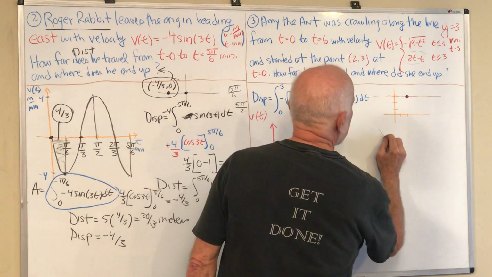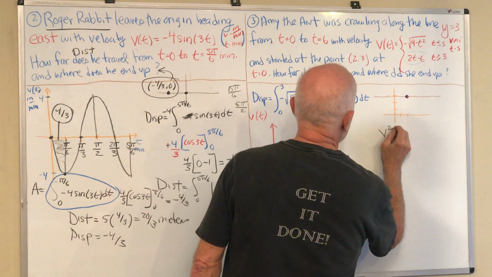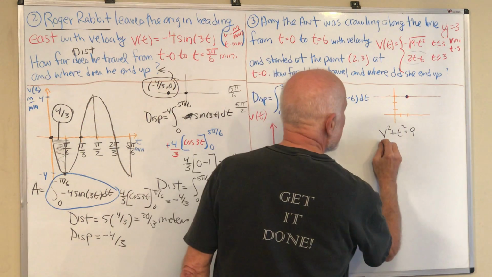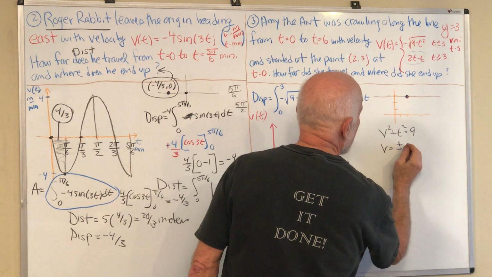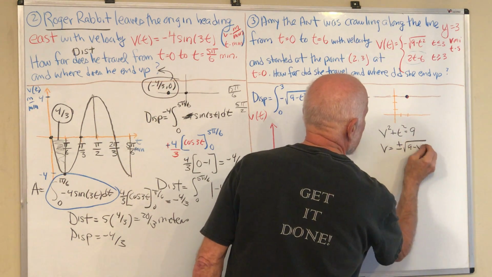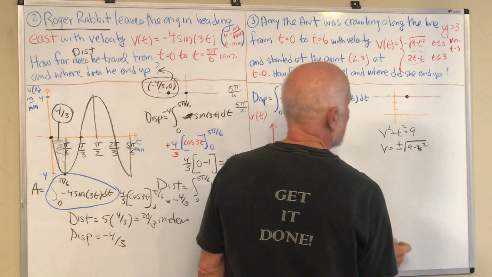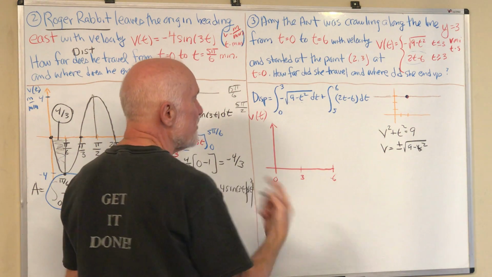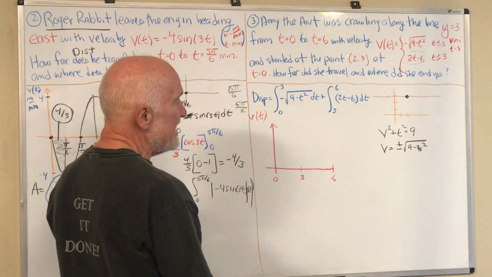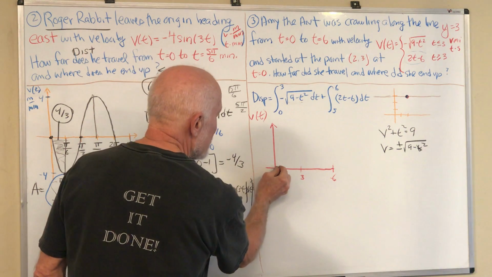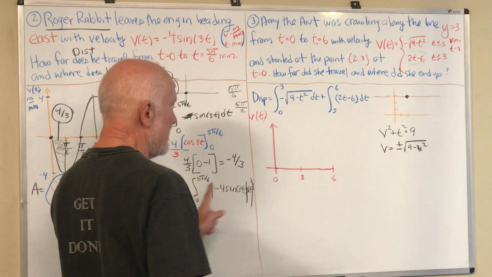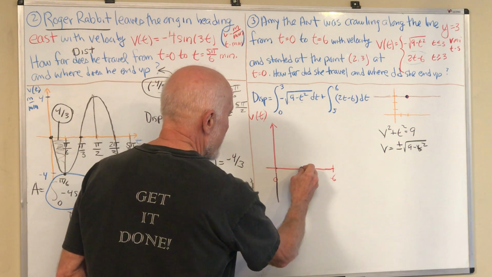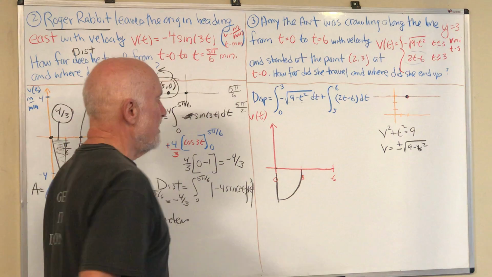If you have v squared plus t squared equals 9, and you solve for v, you get v equals plus or minus the square root of 9 minus t squared. So this is just the bottom half of a circle of radius 3 with the origin at 0, but we don't care about anything to the left of 0. So really it's just a quarter of that circle.